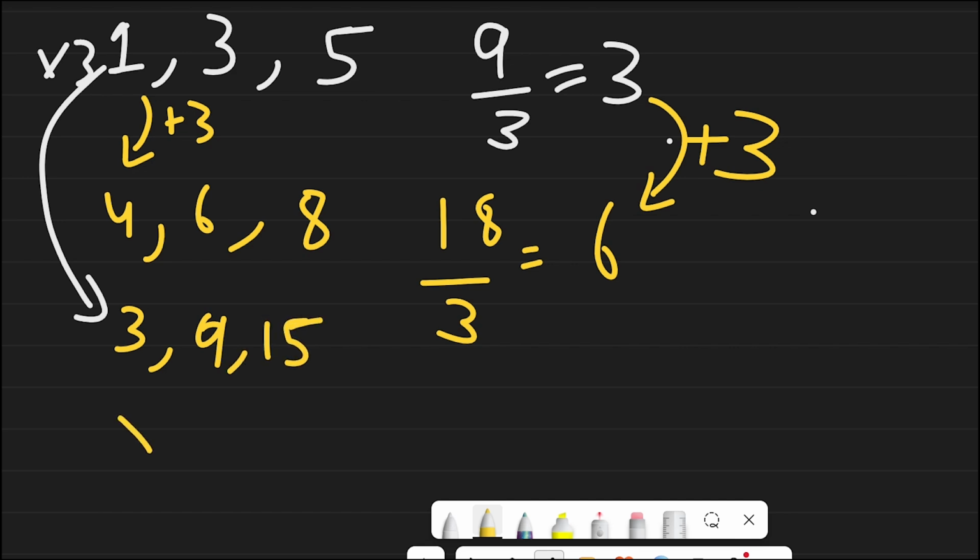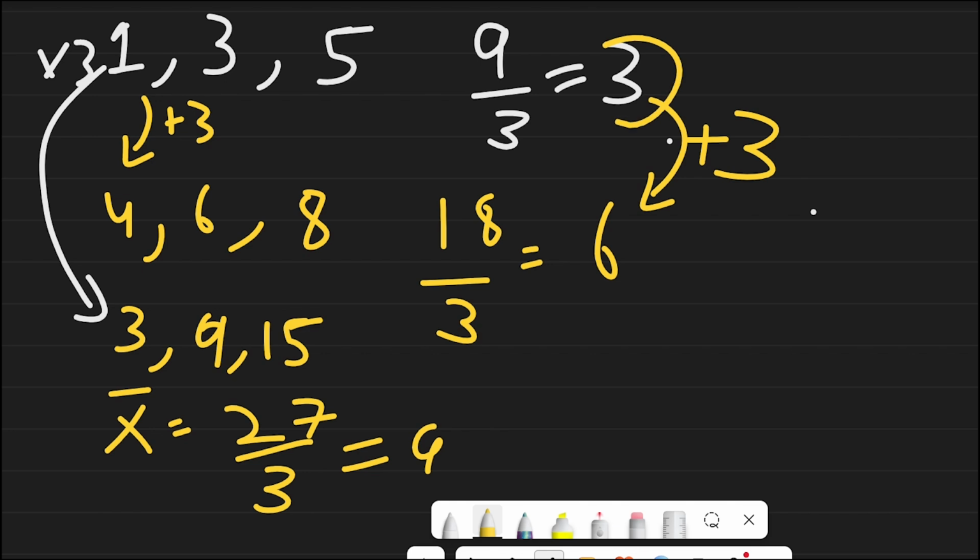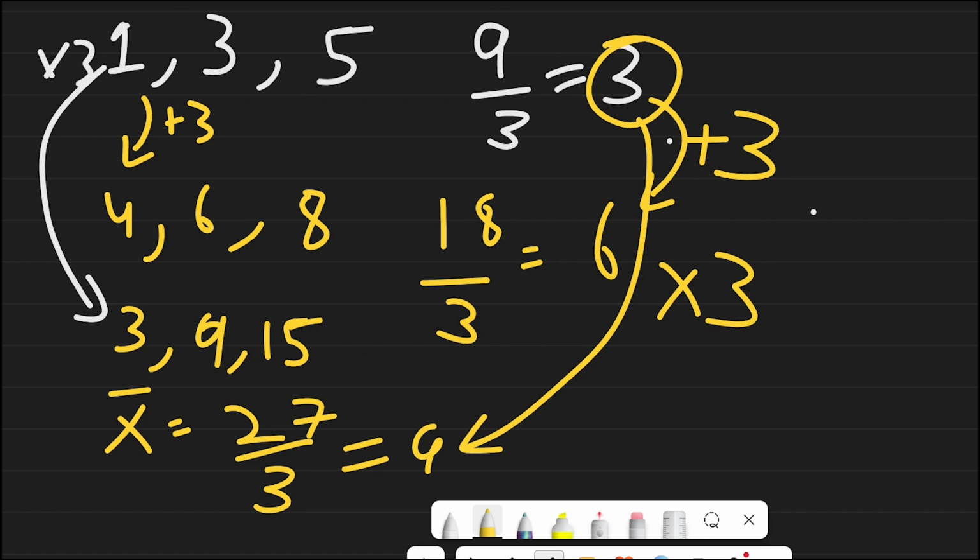So the mean here would be 3 plus 9 is 12, plus 15 is 27. Okay, 27 over 3, that would be 9. So the initial mean was 3, and now we have 9. This is basically multiplied by 3. So as we can see, if we multiply all these values with 3, the mean also gets multiplied by 3. Okay, so this is a basic principle or characteristic of a mean.